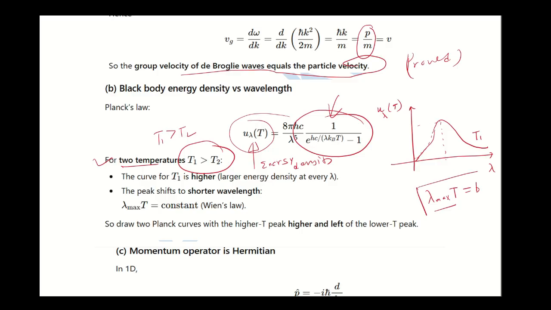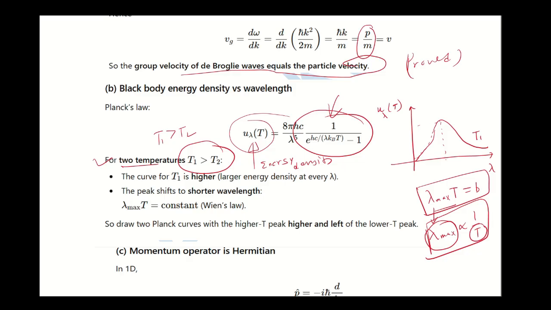So there is an inverse relation between lambda and T: lambda max is proportional to 1 by T. That means if we increase temperature, then lambda max decreases.